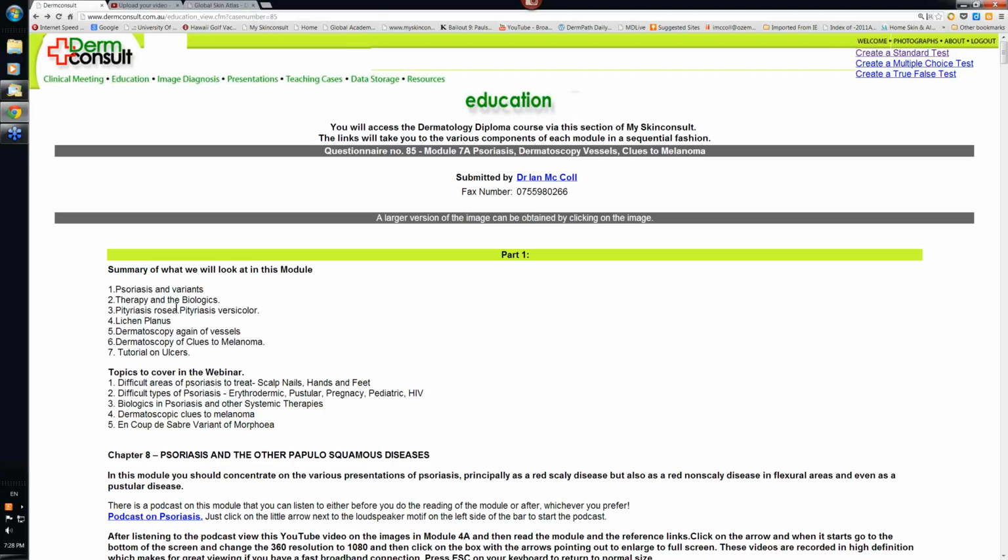This module also looks at the conventional therapies for psoriasis, and there is a section in here on the biologics as well. These are the new monoclonal antibody drugs which have a dramatic effect on suppressing the inflammatory processes that are involved. The processes of inflammation involved in psoriasis are much the same as those in conditions such as ulcerative colitis, Crohn's disease, rheumatoid arthritis.